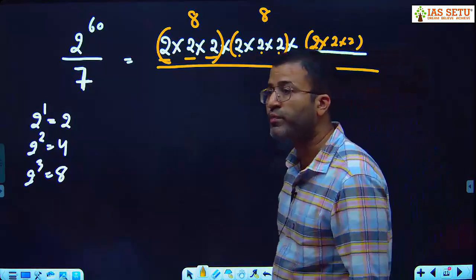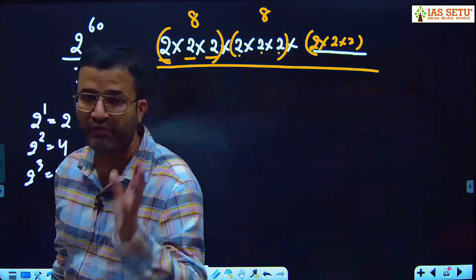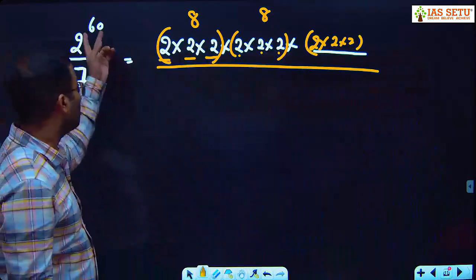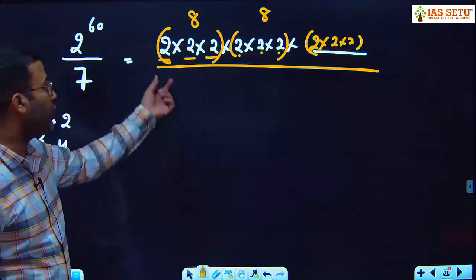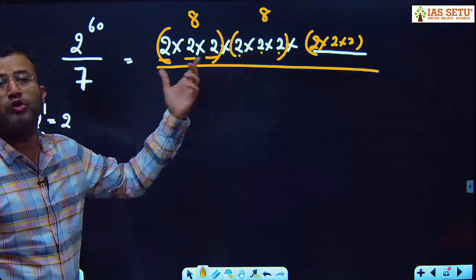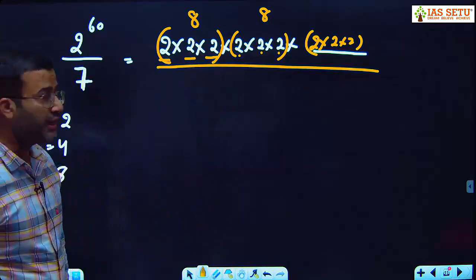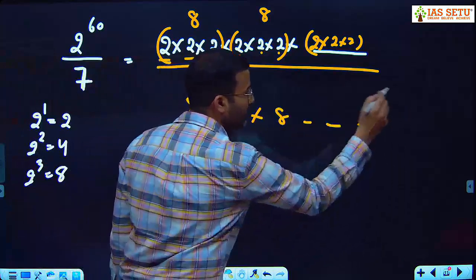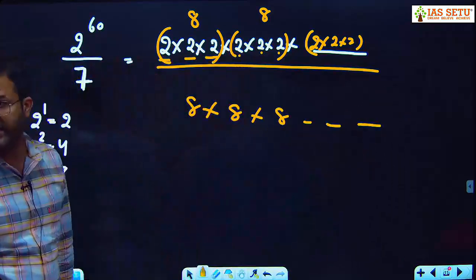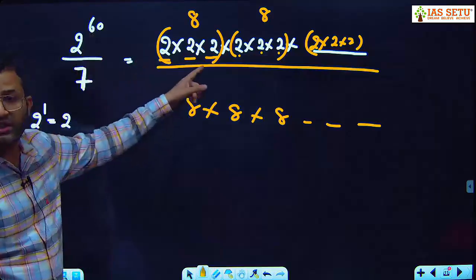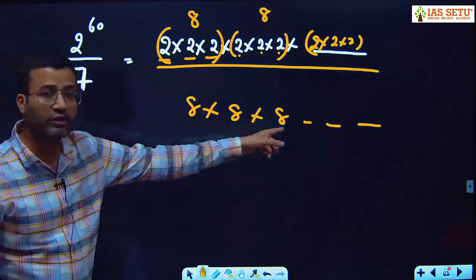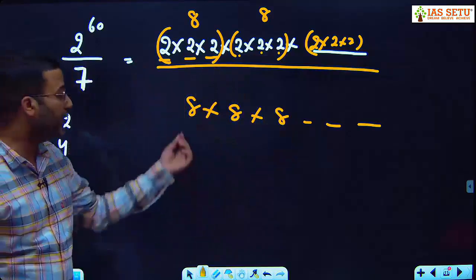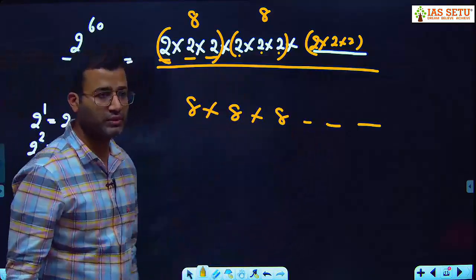So we have to make pairs of husband, wife, child. There are total 60 members. You combine 2 cube, 2 cube, 2 cube. We will have 8 into 8 into 8, how many times? 20 times, because we are making groups of 3 people from 60. So there will be 20 families. 8 into 8 into 8, 20 times.